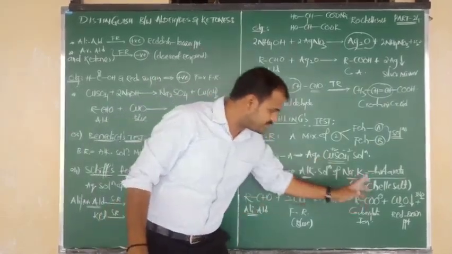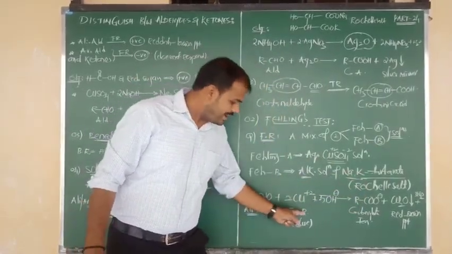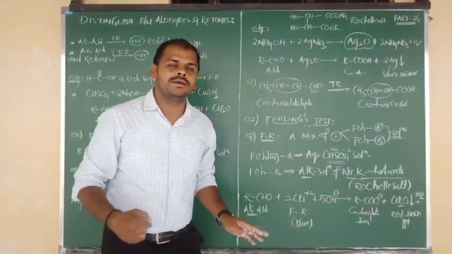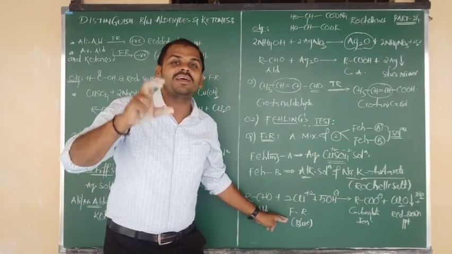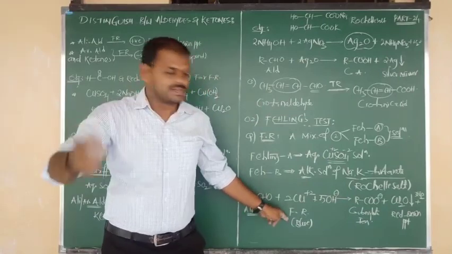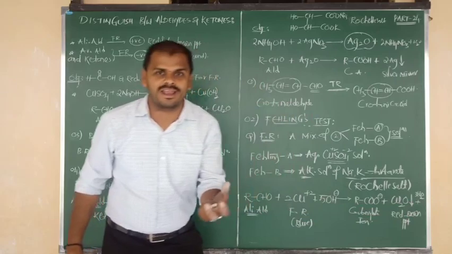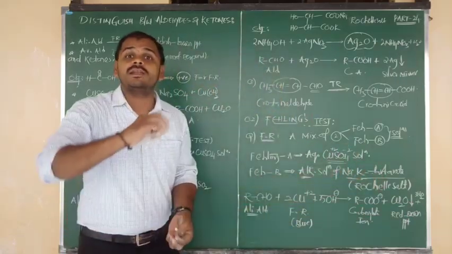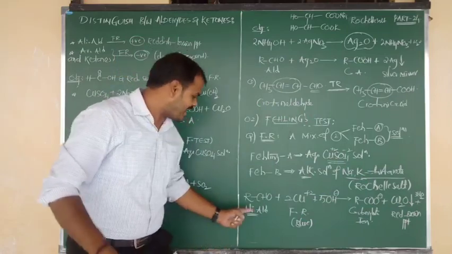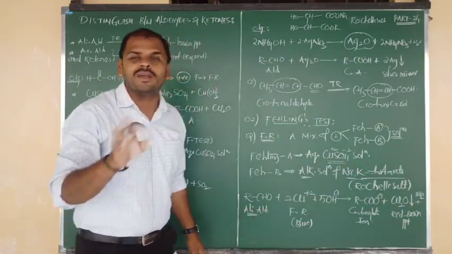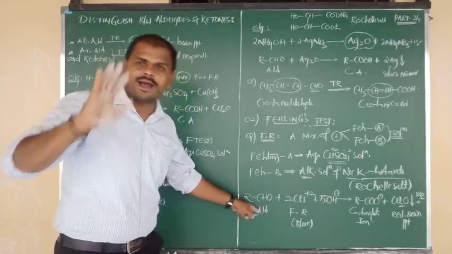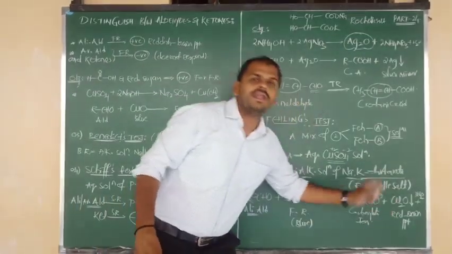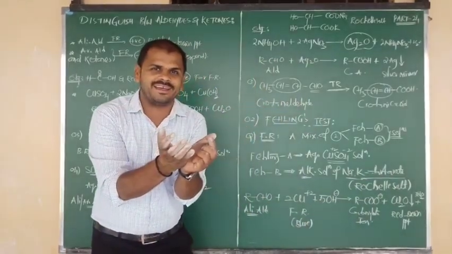Aldehydes are oxidized into the carboxylate ion, and Fehling's reagent gets reduced into cuprous oxide, which means the blue color changes into reddish brown. If blue changes into reddish brown, we can confirm that the given organic compound is an aliphatic aldehyde. So only aliphatic aldehydes on heating with Fehling's reagent give reddish brown cuprous oxide.